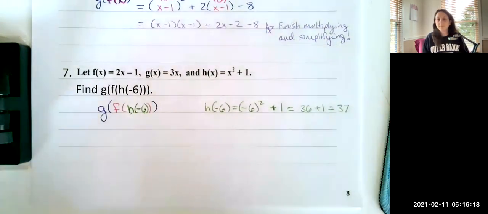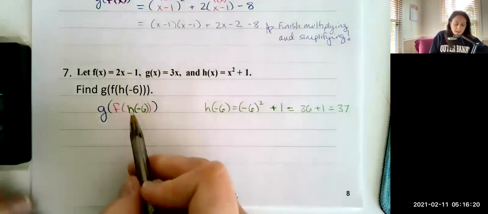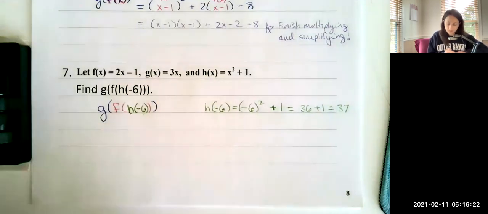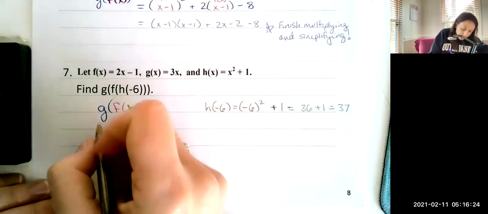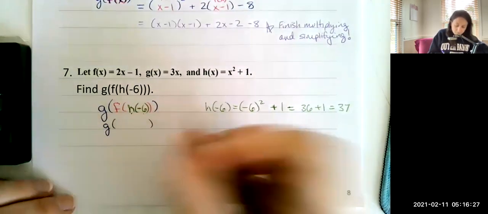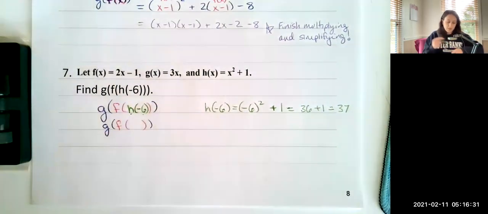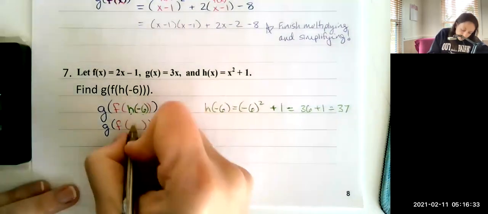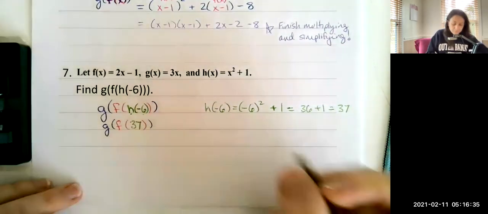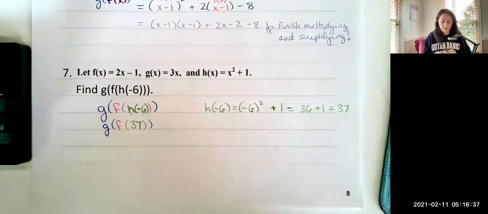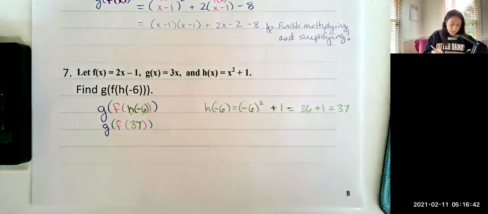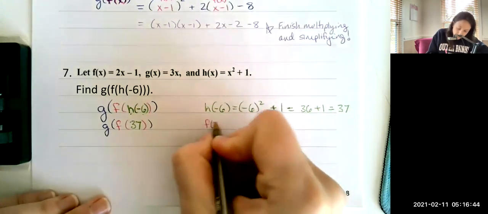Now that I finished the first inside piece, I can rewrite this as g of f of 37. All right, so now green is done. Pink time. f of 37.